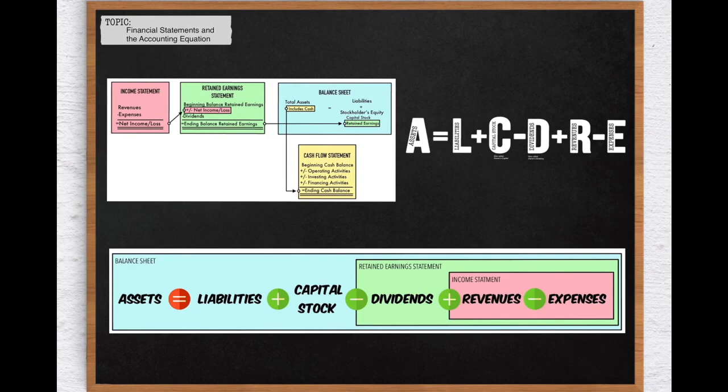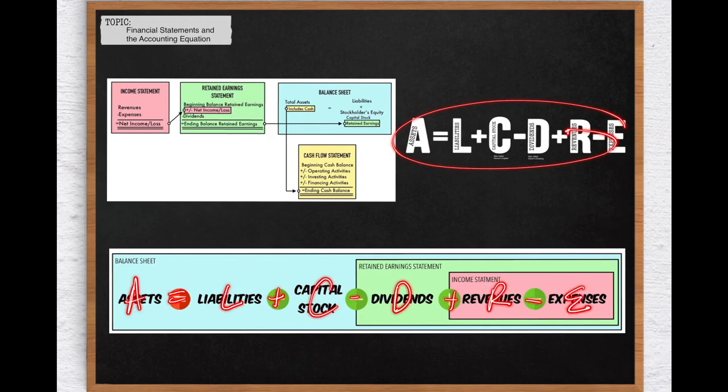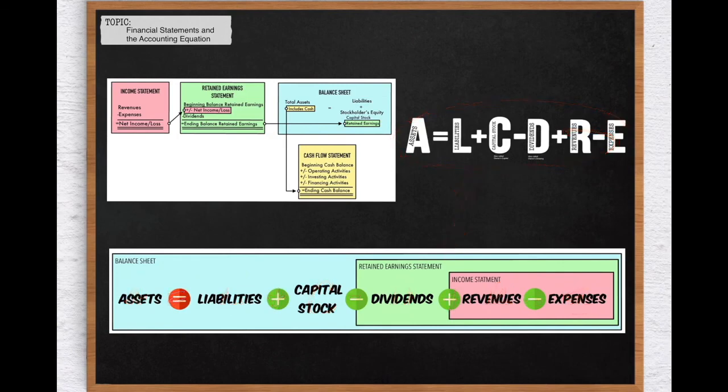Here's another way to look at financial statements. I created these charts here. The accounting equation, the expanded accounting equation, is actually the financial statements. If you really take a look at it, and I made another picture there at the bottom, A equals L plus C minus D plus R minus E. Because in reality, when you create the income statement, if you look at that top picture, the first financial statement you make is the income statement. The income statement is R minus E. That's the general formula, revenues minus expenses.